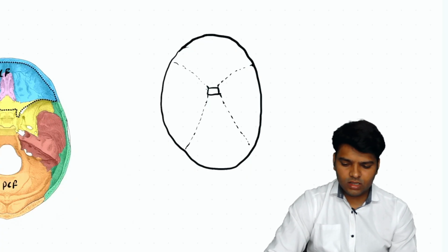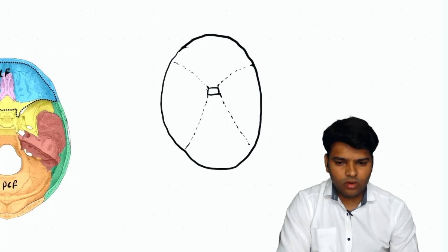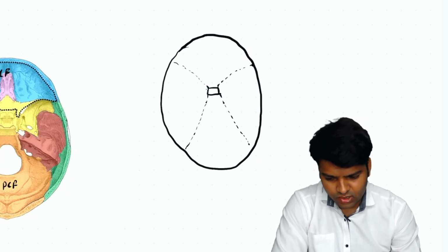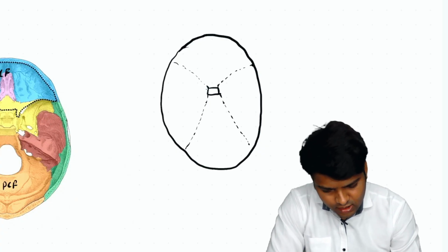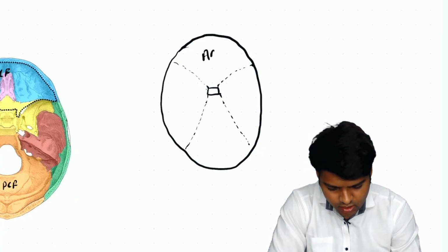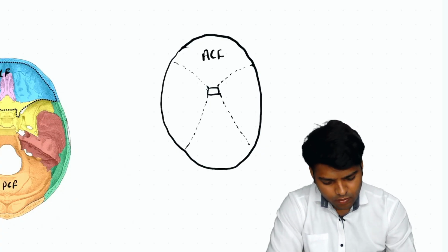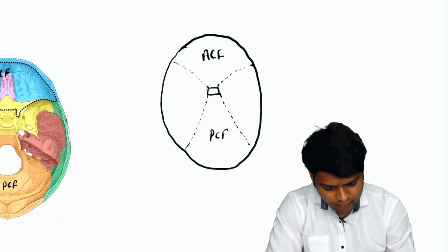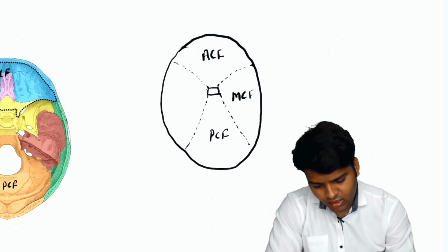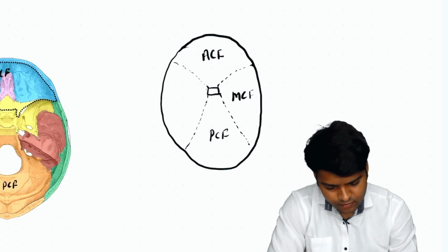Please try to understand, these are the fossae. This is the anterior cranial fossa, posterior cranial fossa, and middle cranial fossa.